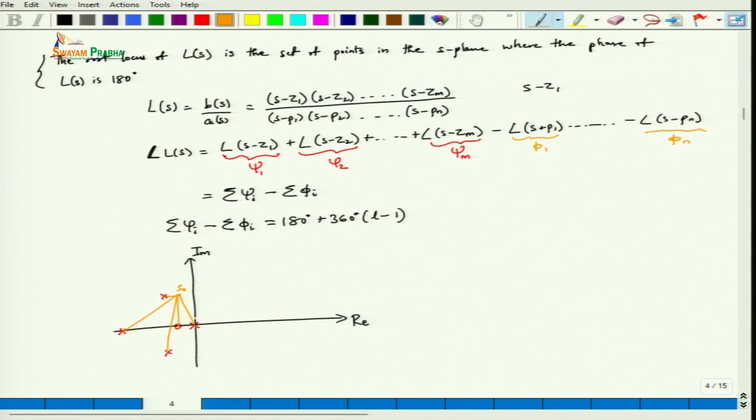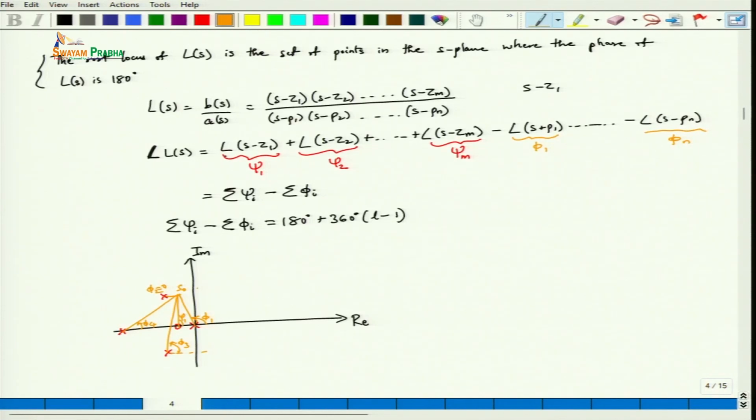So basically for the poles, for example, this angle will be say phi 1. Similarly we have this angle phi 2 which is equal to 0 because they are in a straight line. Similarly here we have phi 3 and here we have phi 4. And this angle from the zero is psi 1.